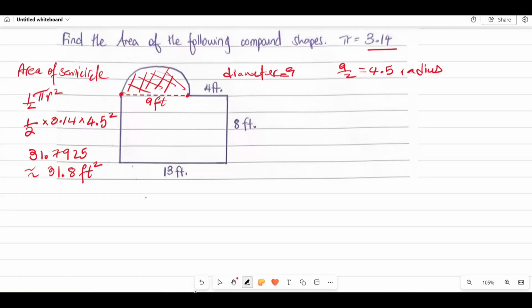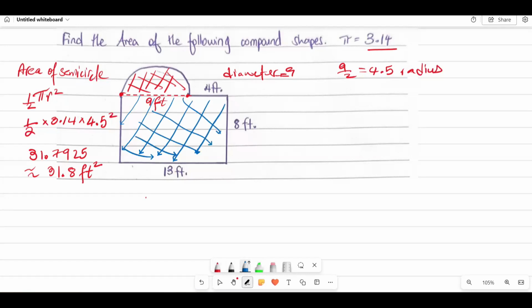Now we're about to find the area of the rectangle. If you take a look carefully, the area of the rectangle would be this blue part that I'm shading here, this blue section. In terms of the dimensions, we have 8 by 13. Let's put it on the right side.